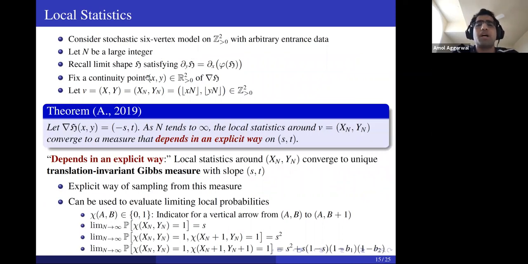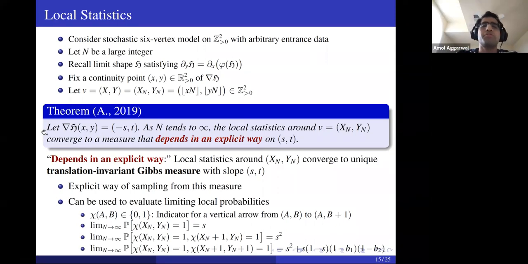We'll fix some continuity point x, y of the gradient of h, and we'll let v be some point x, big y. We should view v as a point like here. It's scaling with x, y, and you can view it as x times n, y times n, where little x, y is the macroscopic location, the location I see when I zoom out.